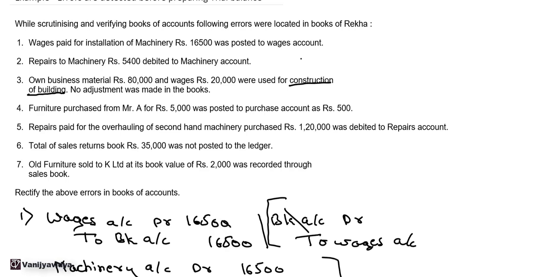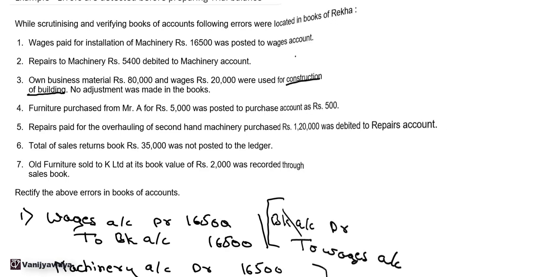Again there is one more error here, that purchases, furniture purchase amount was 5,000, but only 500 was posted in the purchase account. So again there is an error of commission also, that is wrong amount is posted in the ledger account. So let's see how to pass a rectification entry for this.